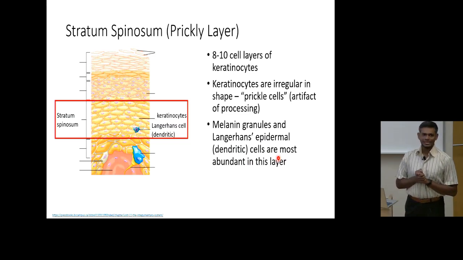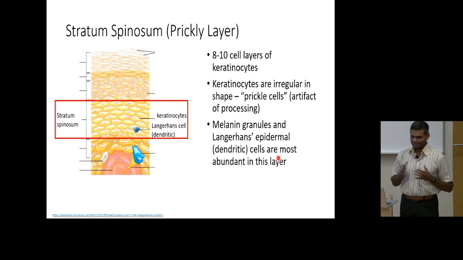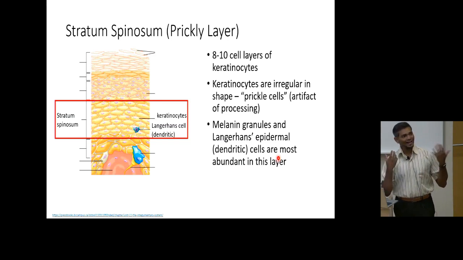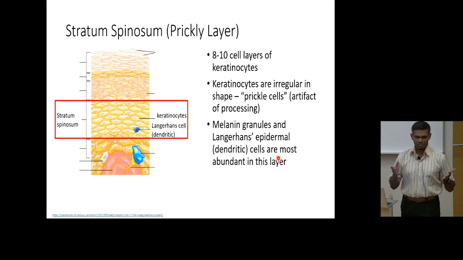How exactly the Langerhans cells function, we will not talk about in detail. I will just mention 2 things. One is that it is a cell which can engage in phagocytosis, but it can also act on antigens and further boost the immune response. The details of that make more sense to discuss when you discuss the immune system.